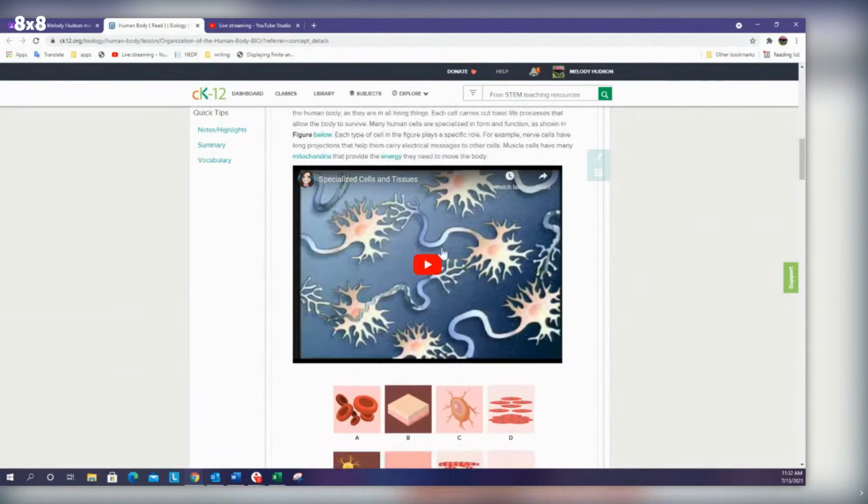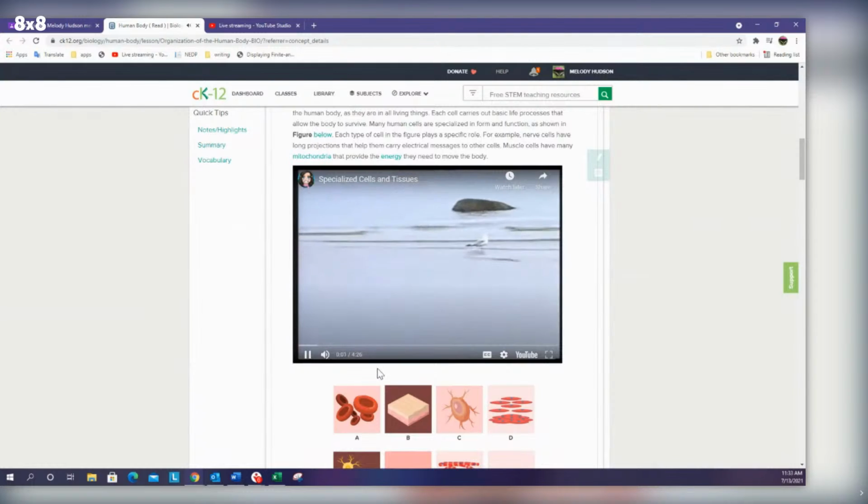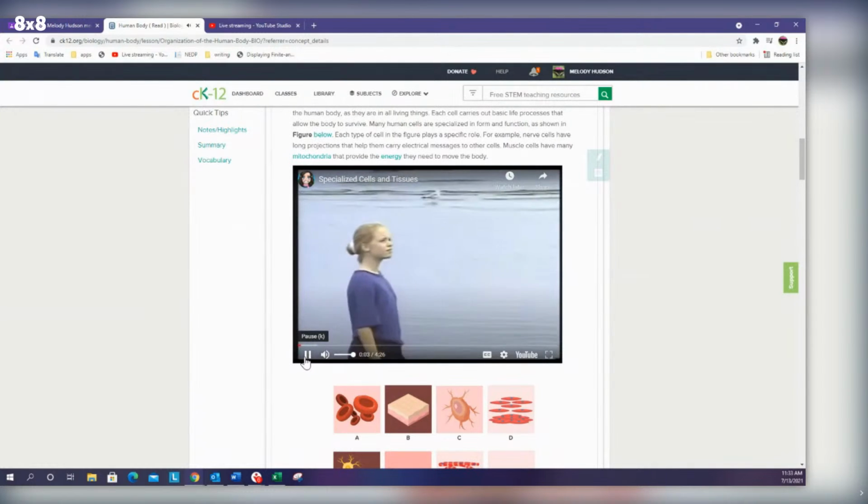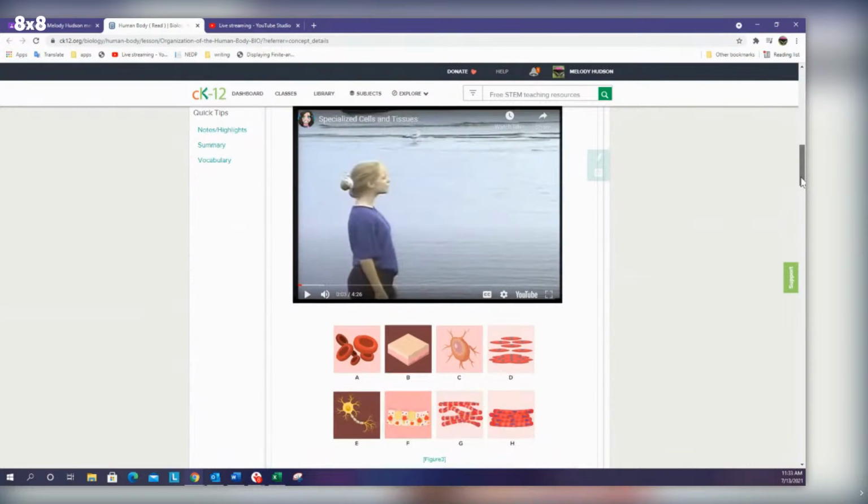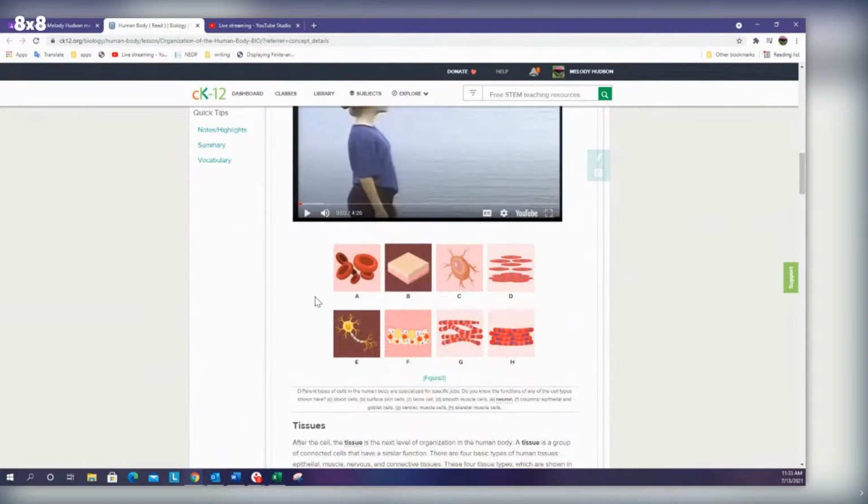Take a look at this on your own, for your deeper understanding. Here are different types of cells in the human body. We know these to be blood cells, skin cells, smooth muscle cells, bone cells, and then we have our muscle cells.